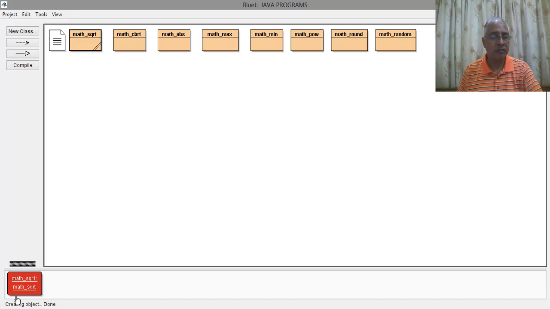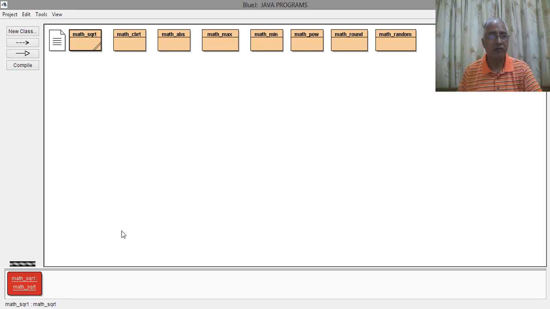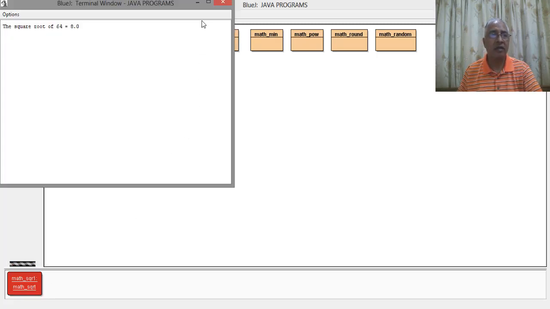The object is here, on the left side, left corner, down below, the red box. We press the right click and this is the function to be executed. So we click on this function and the computer gives us the answer: the square root of 64 is equal to 8.0.